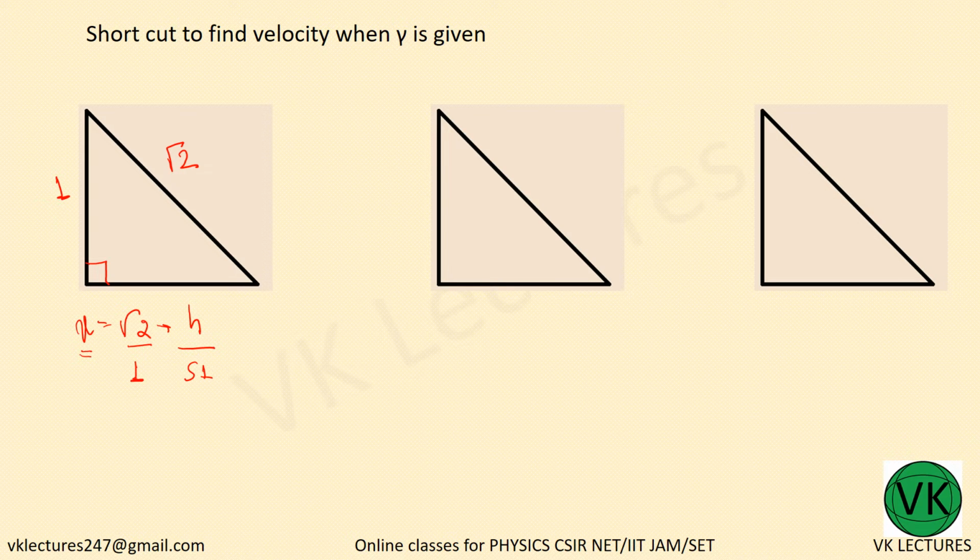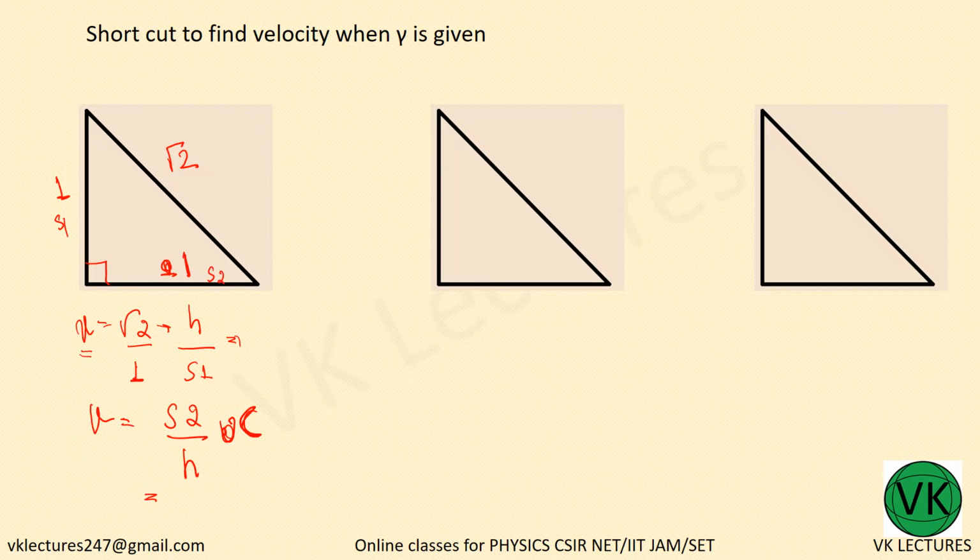Now how will you find the velocity? Velocity is nothing but side 2, that is the other side, divided by hypotenuse, into c, where c is the speed of light. But what is side 2? This is side 1, this is side 2.